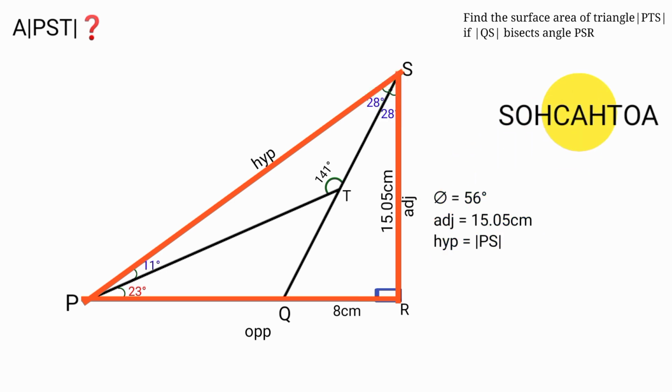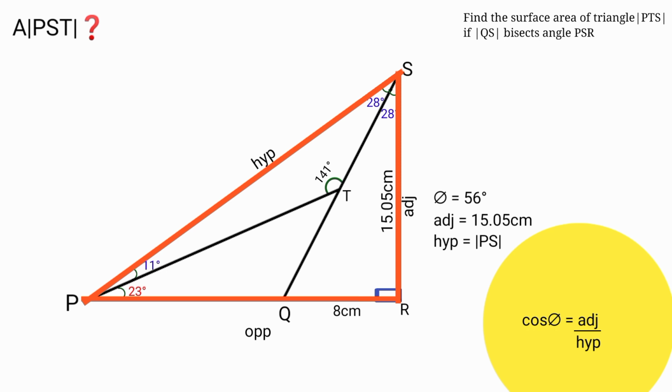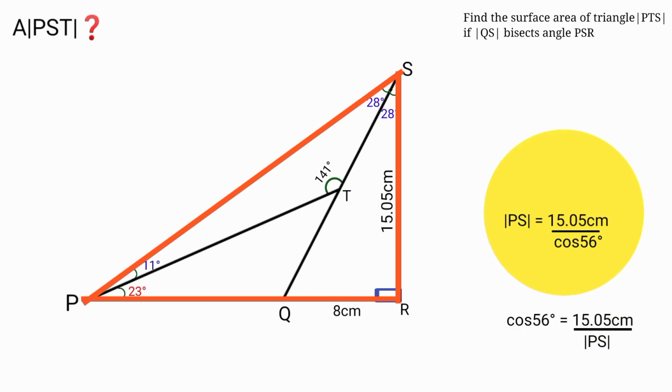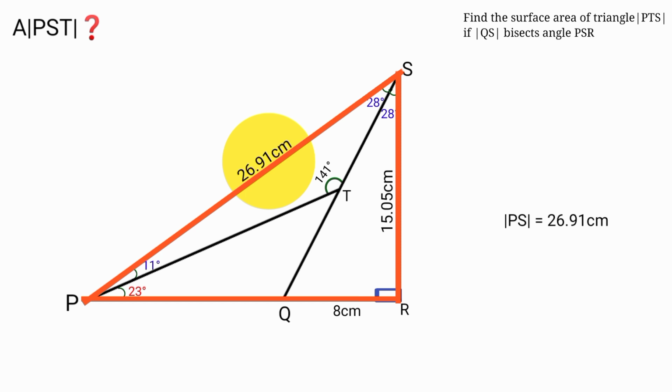From this CAH here, cos theta equal to adjacent over hypotenuse. Substituting these values, cos 56 degrees equal to 15.05 centimeters over line PS, which if we make line PS the subject, line PS equal to 15.05 centimeters over cos 56 degrees, which if you press your calculator equal to 26.91 centimeters. So this line PS is 26.9 centimeters in length.